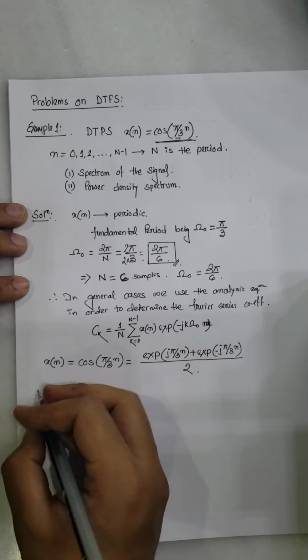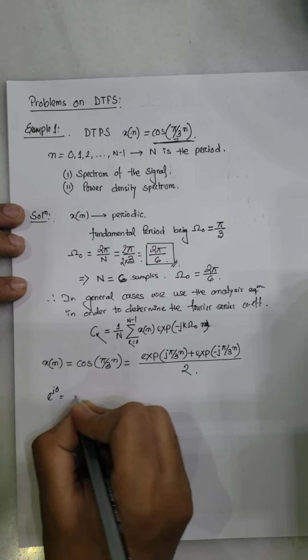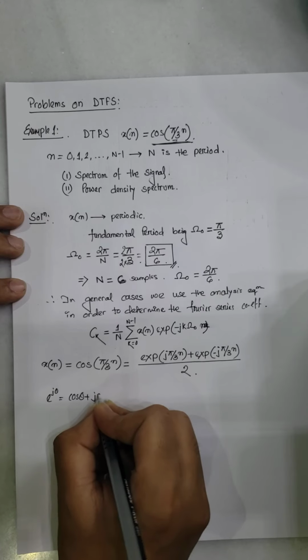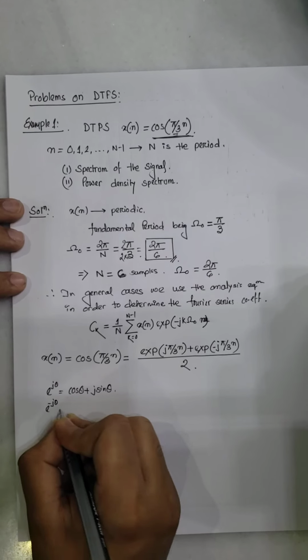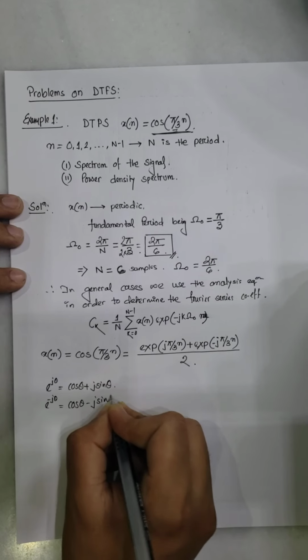This expression comes from e to the power j theta equals cos theta plus j sin theta, and e to the power minus j theta equals cos theta minus j sin theta.